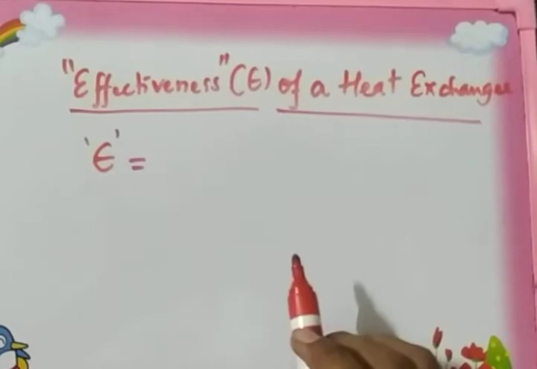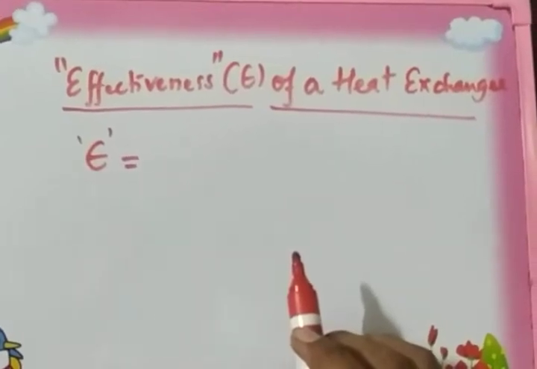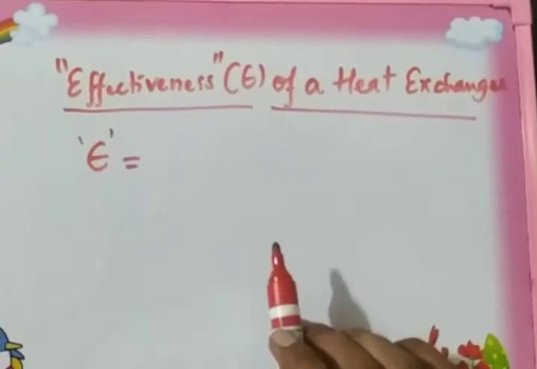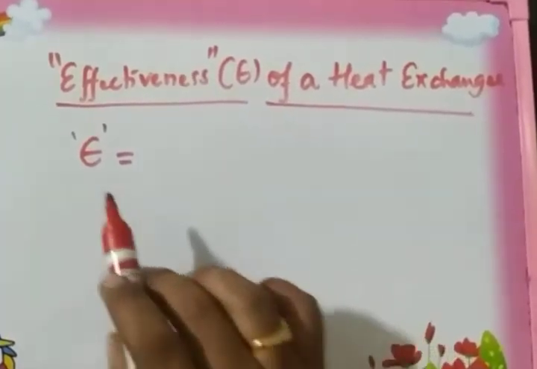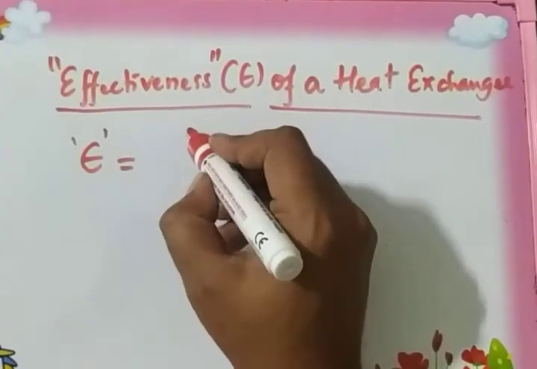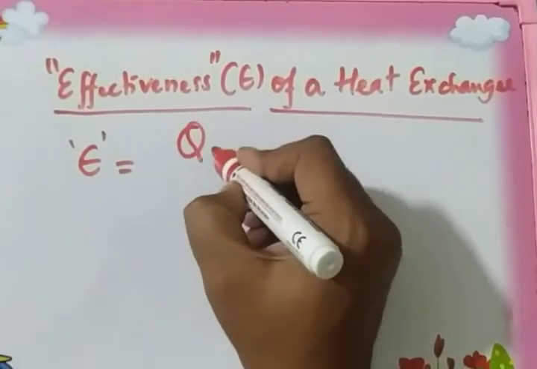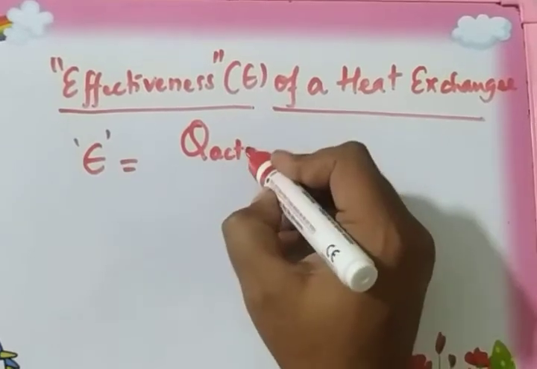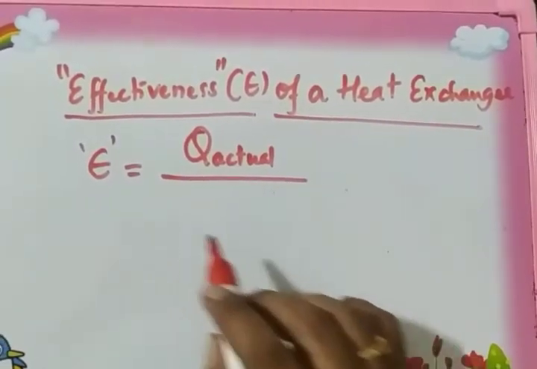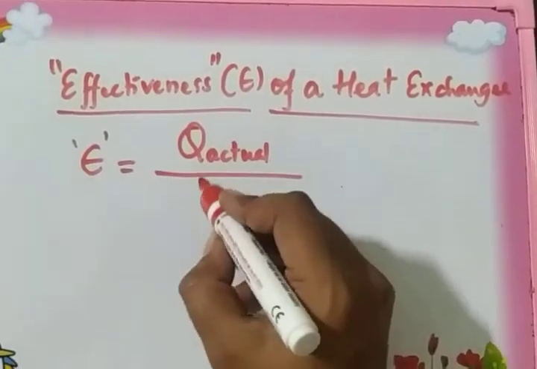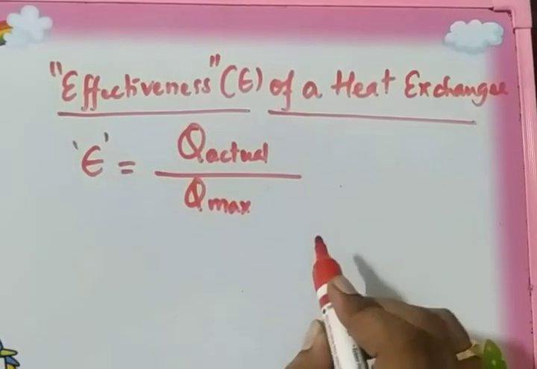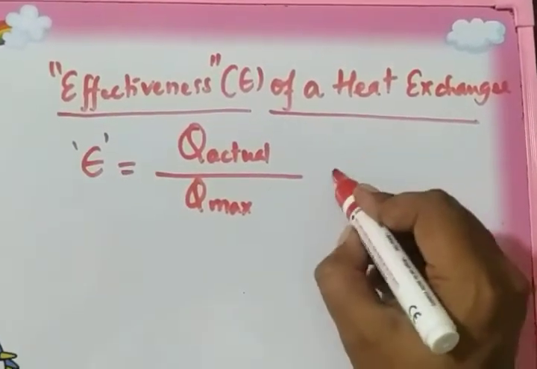Different authors use different terms, but in most of the textbooks you find this kind of notation for effectiveness. It is in general defined as the ratio of actual heat transfer, I write it as Q actual, to the maximum possible heat transfer in the given heat exchanger.